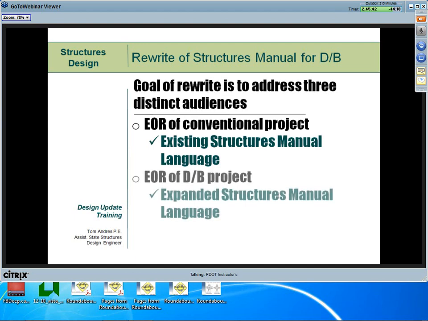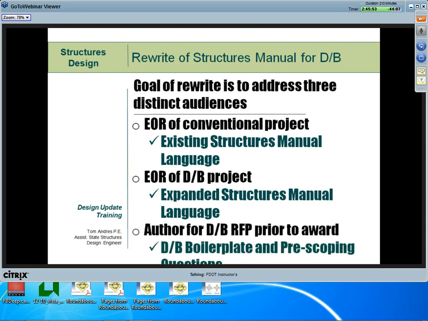The second audience is the EOR for the design build or P3 project. Also, there's a list of pre-scoping questions which have been developed to assist the author of the RFP in developing the project constraints.